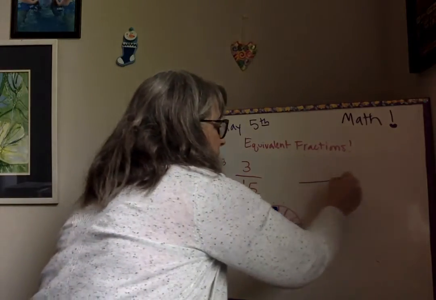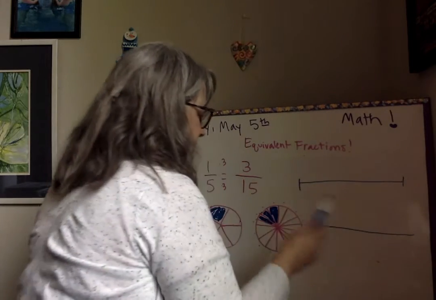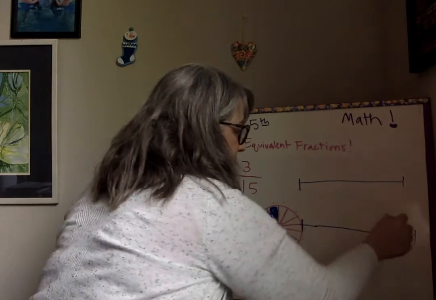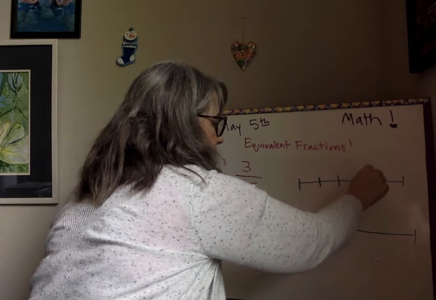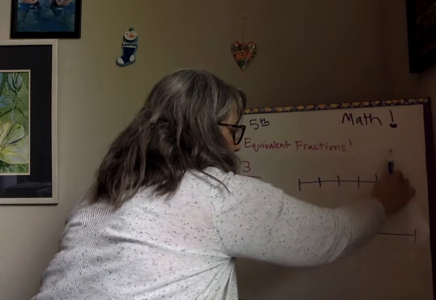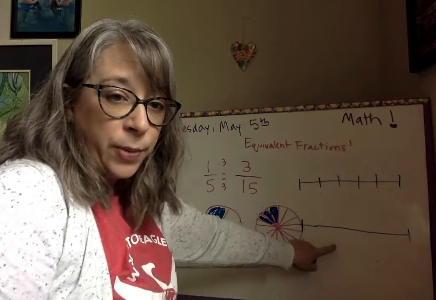So can we do a number line? Well, of course we can. Those need to be even. Again, you have to make them even. Here we go. 1, 2, 3, 4, 5. Make that just a little bit smaller. Now what do we have to do with this one?